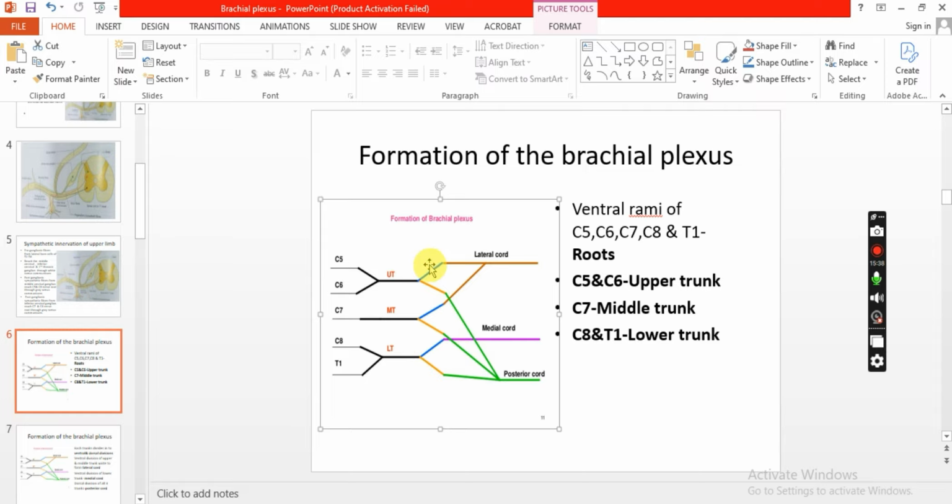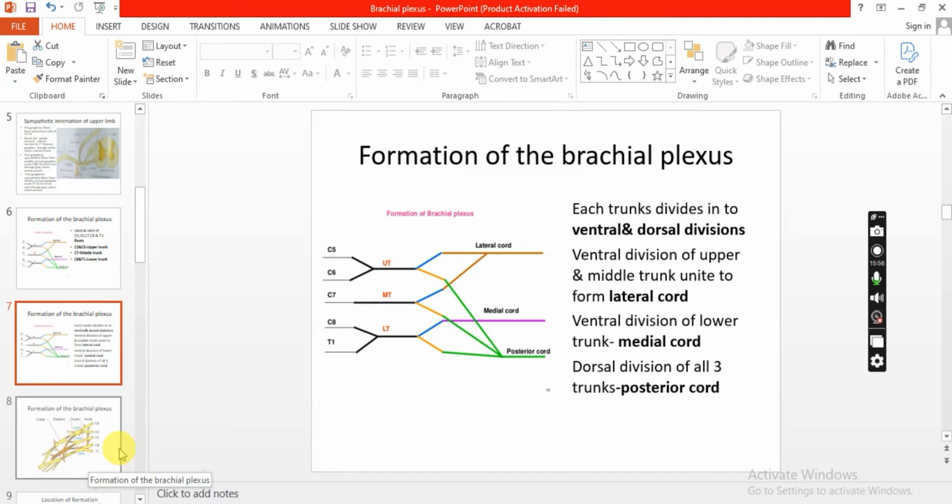The ventral divisions of the upper and the middle one unite to form the lateral cord. The ventral division of the lower one continues as the medial cord. All the dorsal divisions unite with each other to form the posterior cord. Okay, the same thing here.